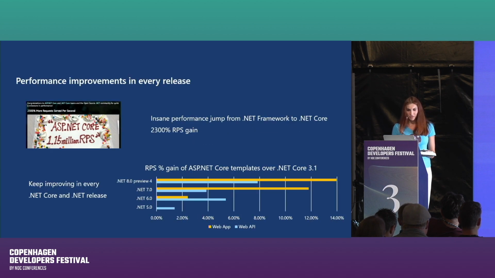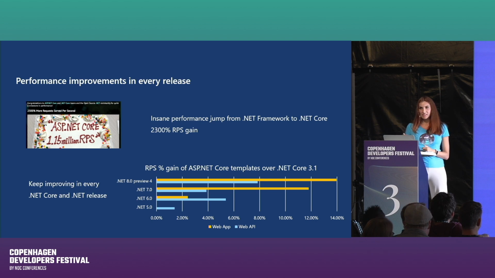So about performance improvements. There is a huge gap in performance between .NET Framework and .NET Core. There is a picture of, we actually had a cake in 2016 where we achieved a 2,300% gap in RPS between Framework and Core. That was like a huge thing back then.